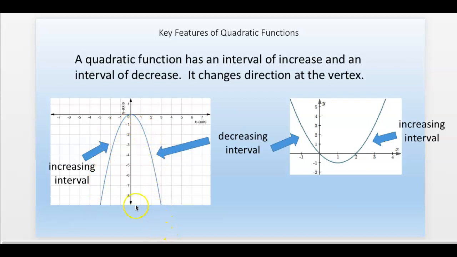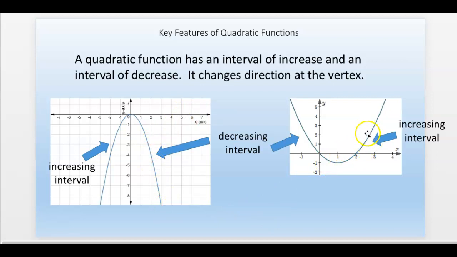Again, the interval itself you get from the x-axis, but whether it's increasing or decreasing, you refer to the y-axis. The output of the function itself is the y-coordinate, and here it's coming down. As x gets bigger, the function is coming down.